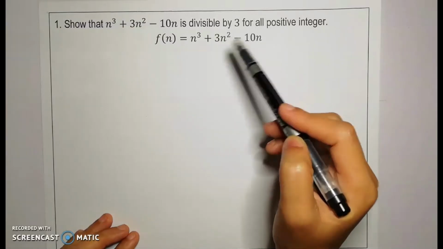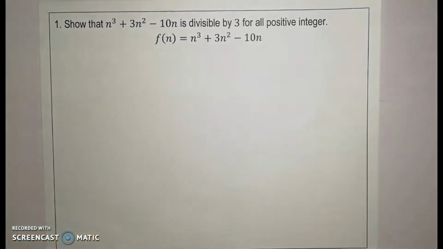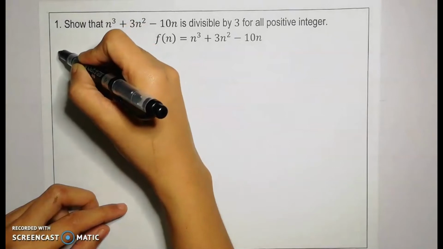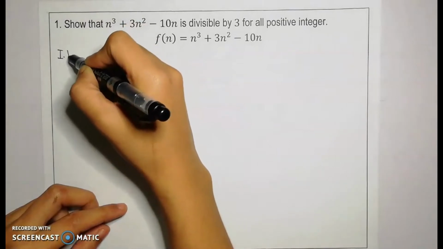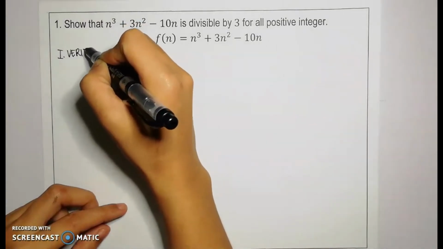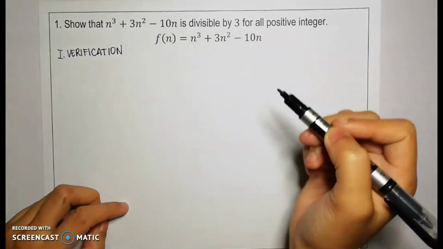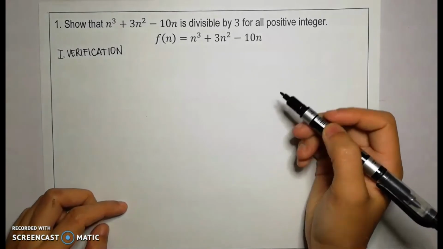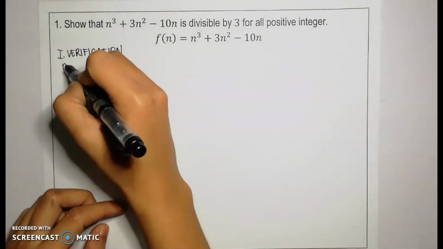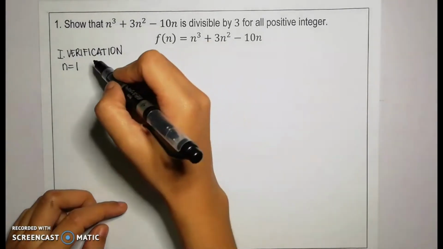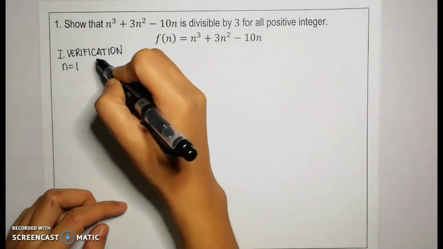The first part of proving is always verification. But this time, we do not need to prove until the third term. We just need to let n be equal to 1. So let's substitute it into the given function.